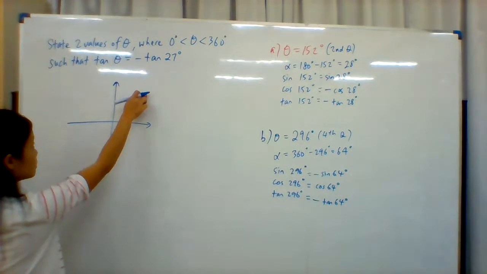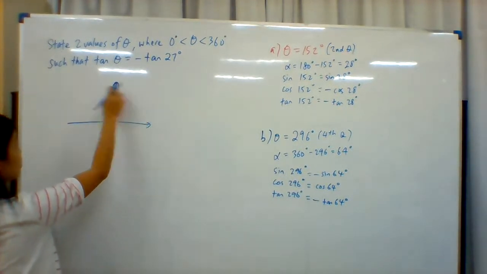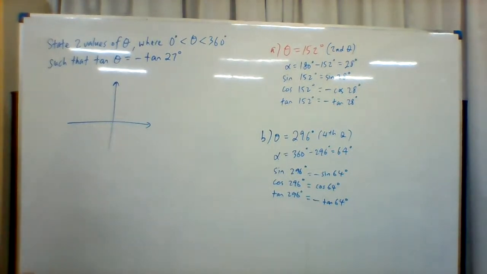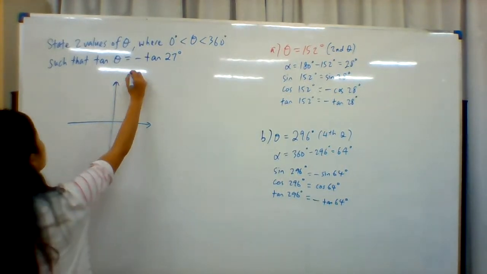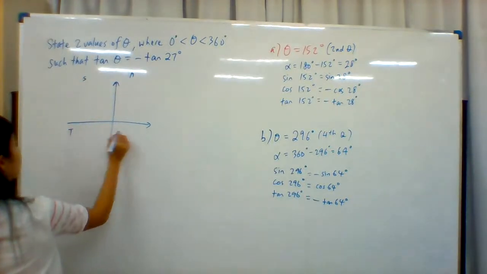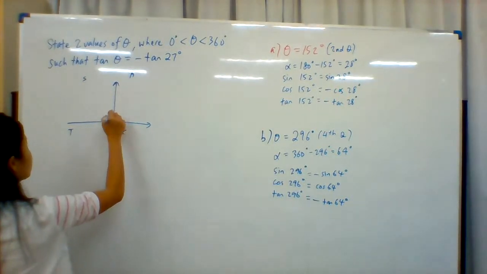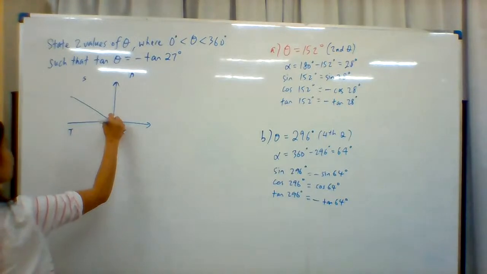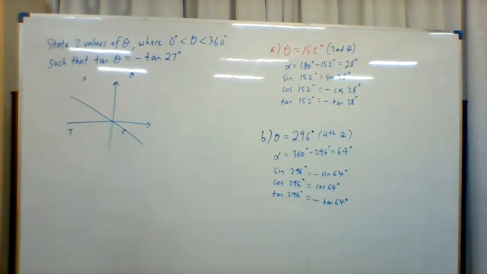So remember, all this is all positive already. All Science Teacher Crazy. So which one is the negative tangent? Negative tangent meaning it will be here and here, correct? In the second and the fourth quadrant, right?